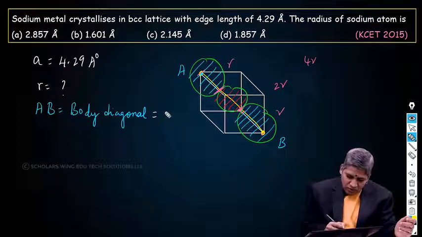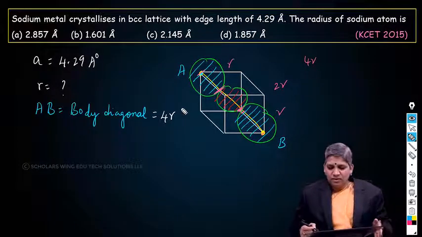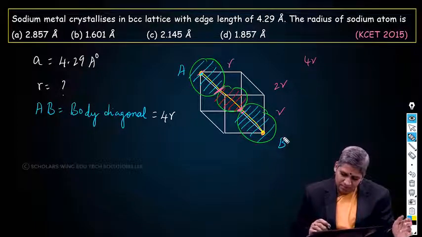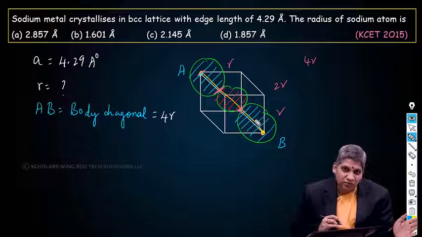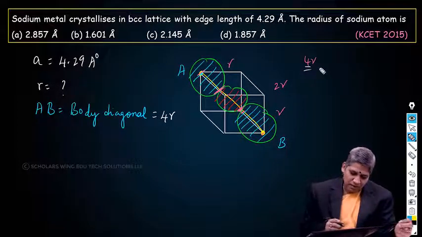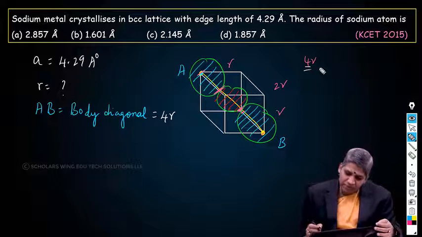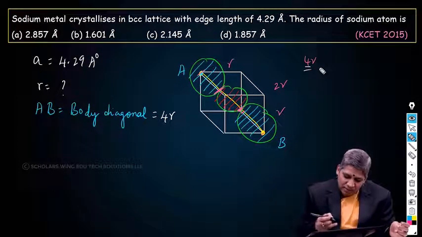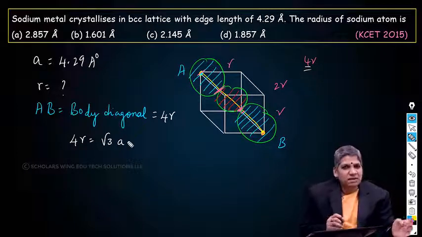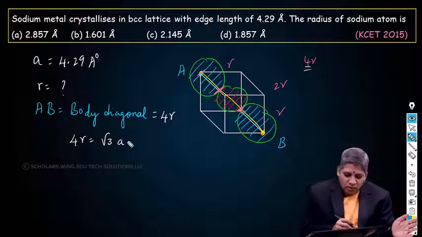Therefore, body diagonal is 4r. Please excuse me for this diagram, this is the best I could draw. But refer to the video where we have shown the perfect geometrical figure where you can see how body diagonal is equal to 4r. Anyway, let me continue here. We have proved that in BCC, 4r is equal to root 3 into a. Please do watch the video, then you'll understand how I get this relationship.